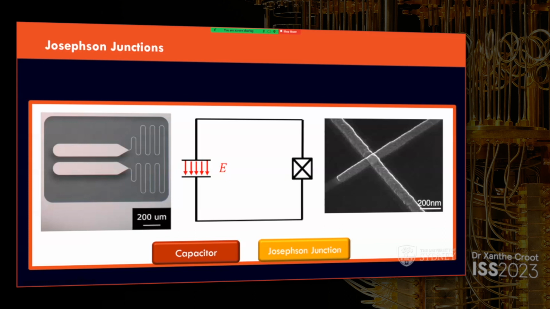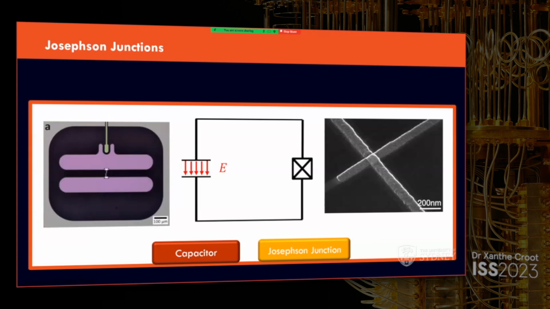So the Josephson junction, this insulator between two superconductors, is this part right in the center. This is a micrograph of what's called a transmon qubit, which is just this circuit here with the capacitor, similar to the resonator. But rather than having this inductor coming off to the side, I've got this tiny little Josephson junction in the center.